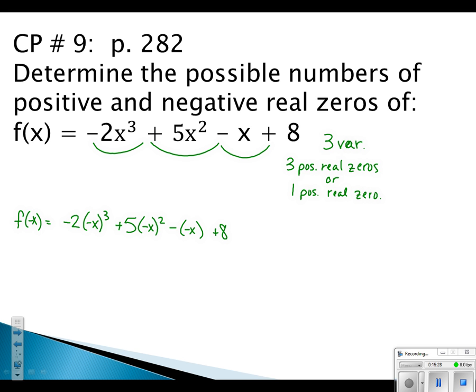This front term will be a positive 2x cubed. 5 times negative x squared is a positive 5x squared. Negative negative x is plus x, and plus 8. So notice from beginning to end on this one, there are no variations in sign. None. It's all positive.